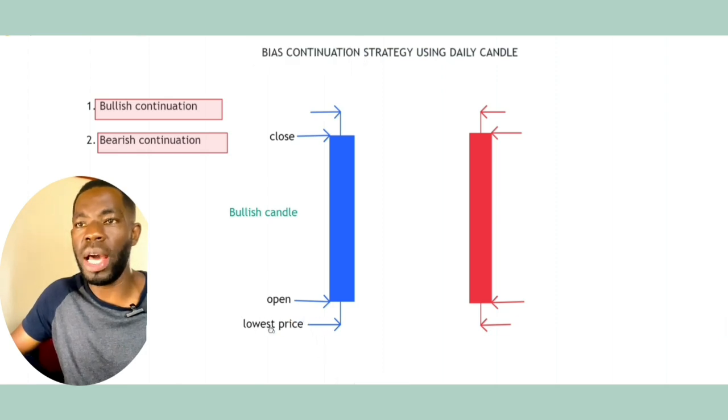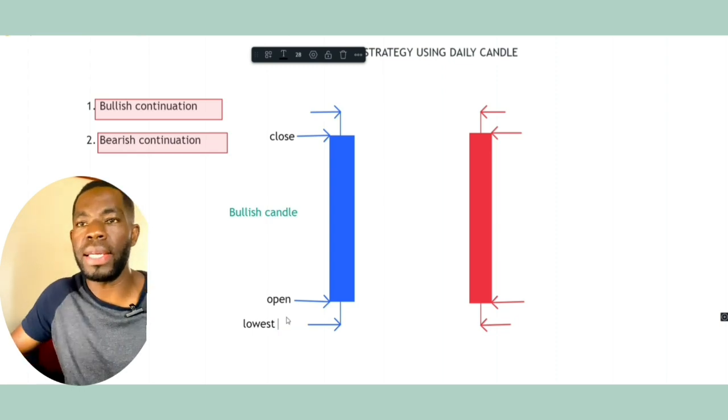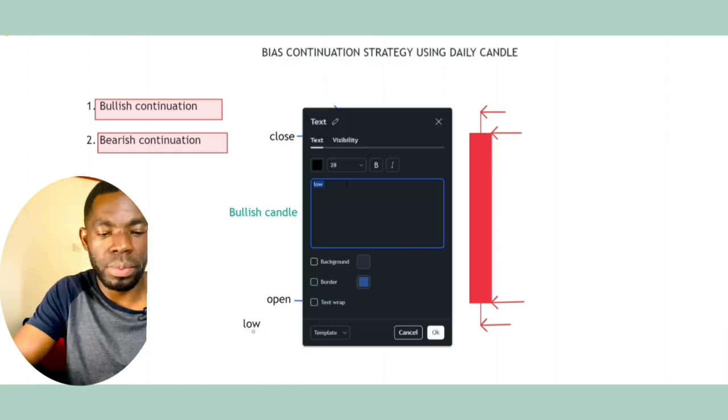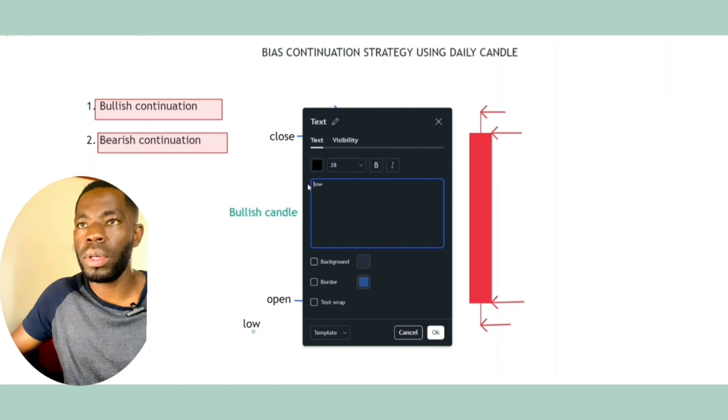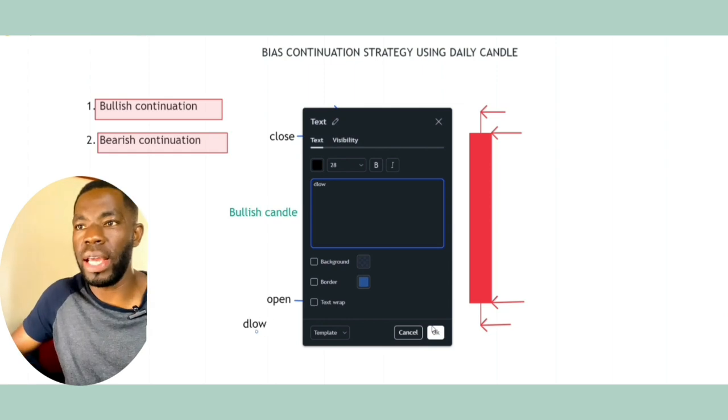So this would be the low of the candle, the daily low, the day low of the candle for that day.